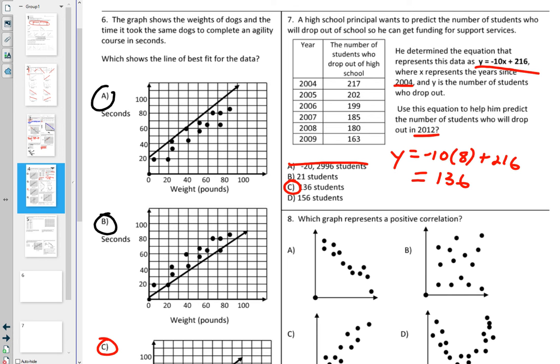Why do you think they put that negative 20,990? I'm guessing that's what you get if you plug in the full 2012, if you're not even thinking. Do 2012 times negative 10 and then add 216.